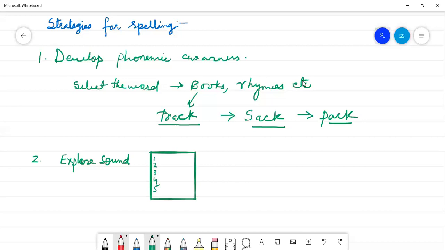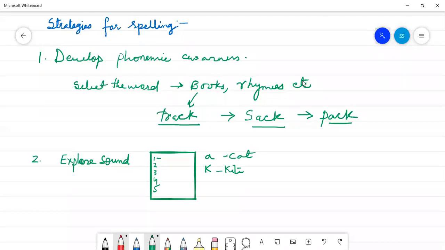For example, the words with A, or the words with K. That kind of sounds you can list out. The A and the K, like kite. It might be a cat.